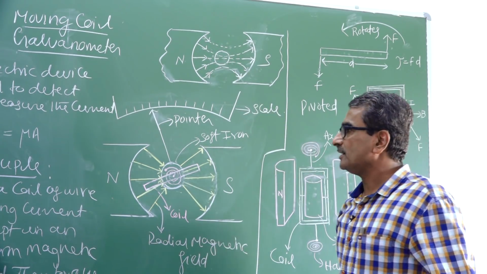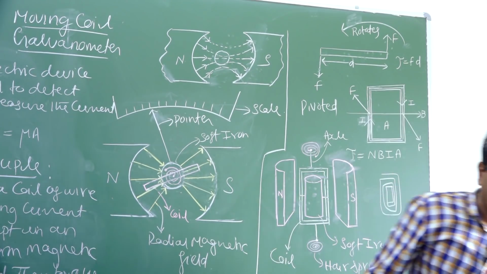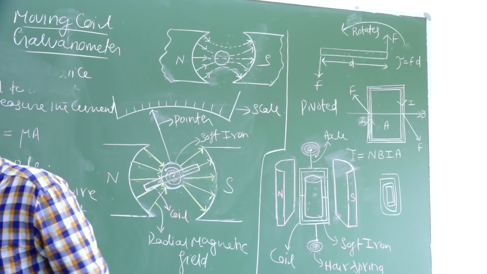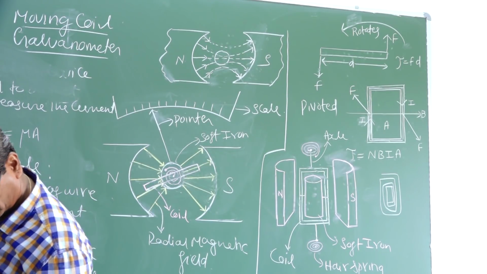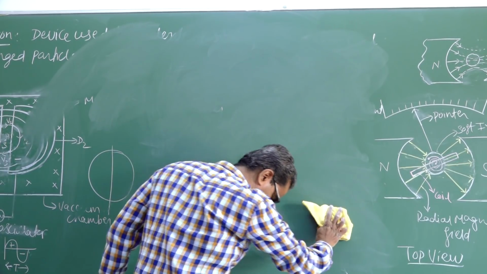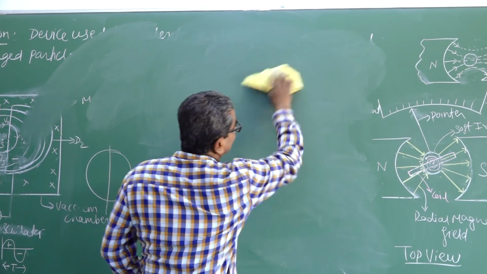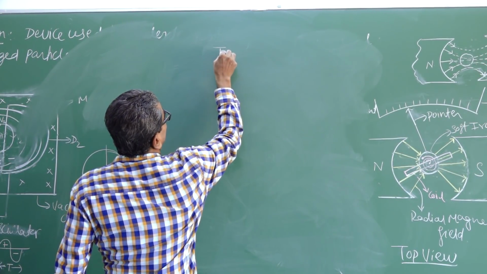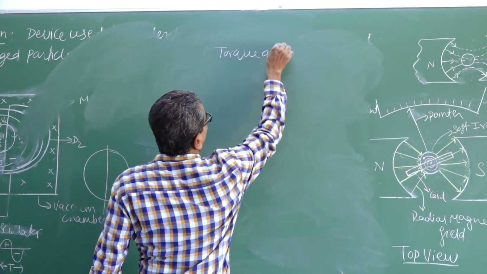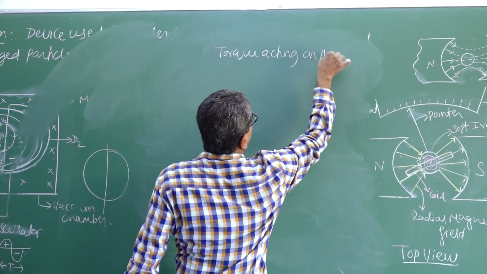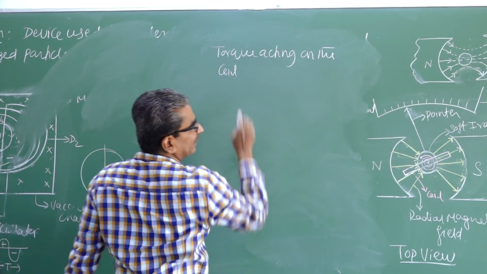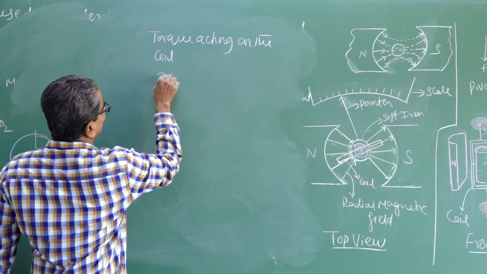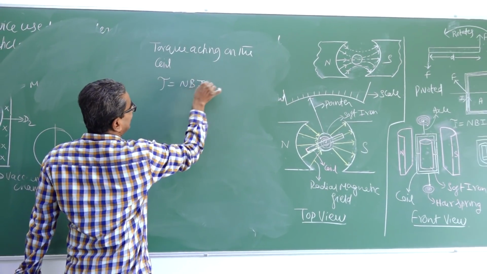Coming to the theoretical part, I want to consider the equation of the torque acting on the coil because of current flow. Because of current flow, what is the torque that acts? It is given by tau equal to nBIA.